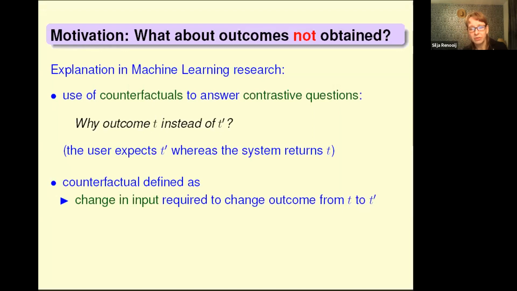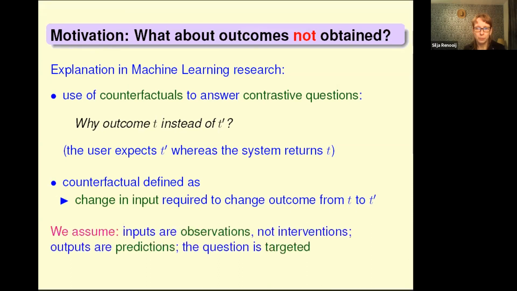And also, there are lots of different definitions of what counterfactuals are. And in this case, as is often done in machine learning research, it's just what change in input is required if I want to change my outcome to some other value. So what I'm not talking about is causality. I'm not talking about intervention.